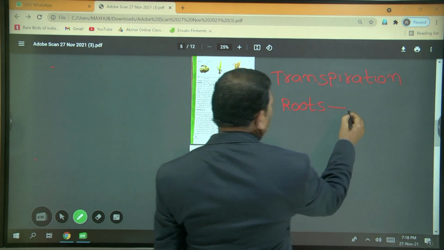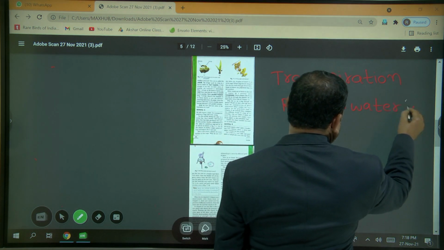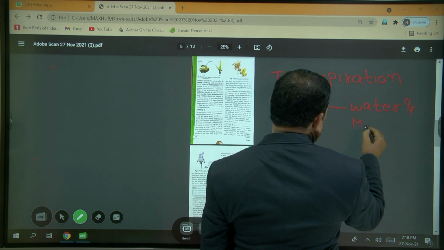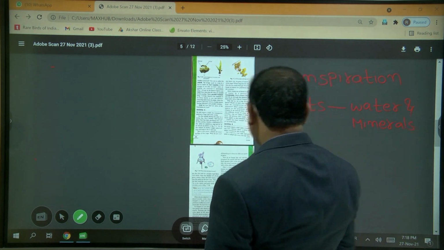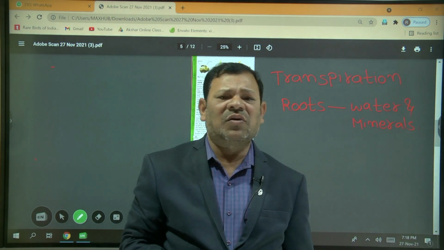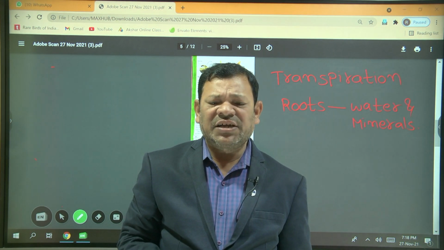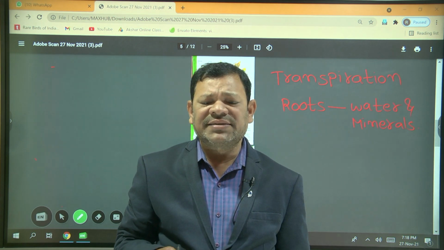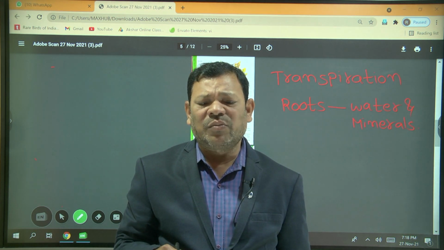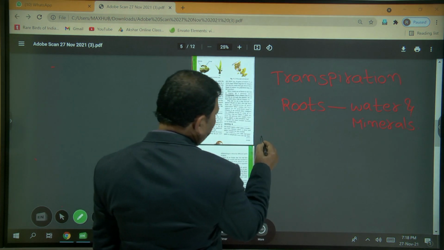Roots take water and minerals. So plants absorb water and minerals from the soil. The excess amount of water they can send outside of the plant body as water vapor.